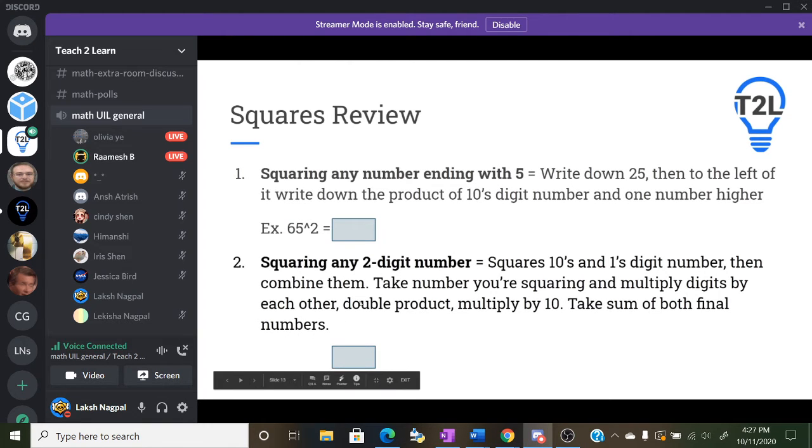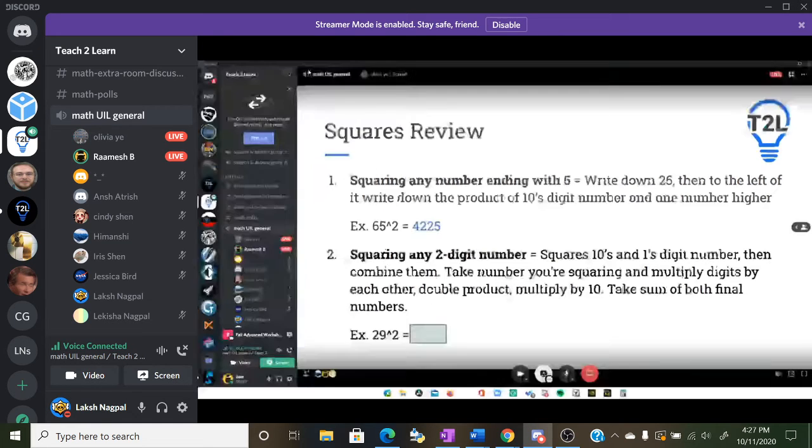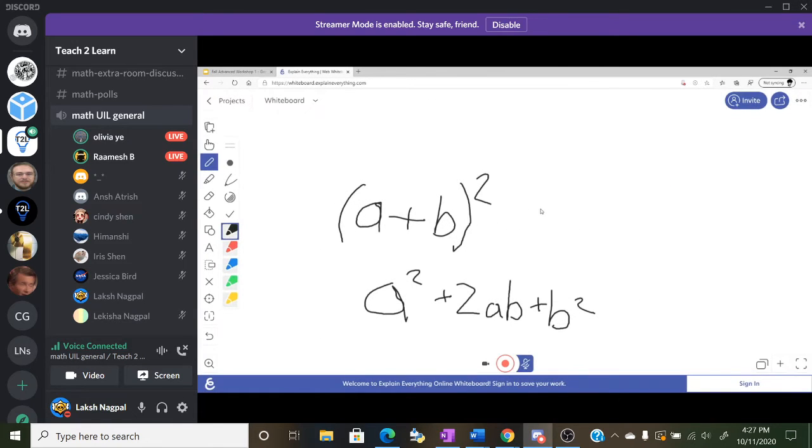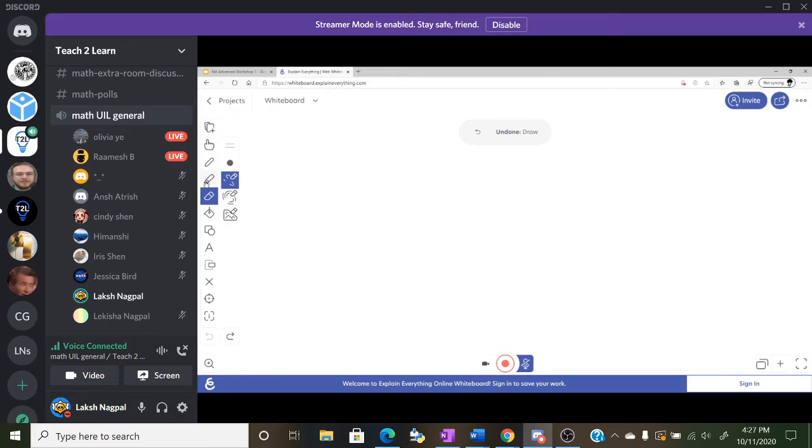So you have two-digit numbers, right? Let's say 47, because that's a nice number. So you basically split it. 47 is equal to 40 plus 7, right?